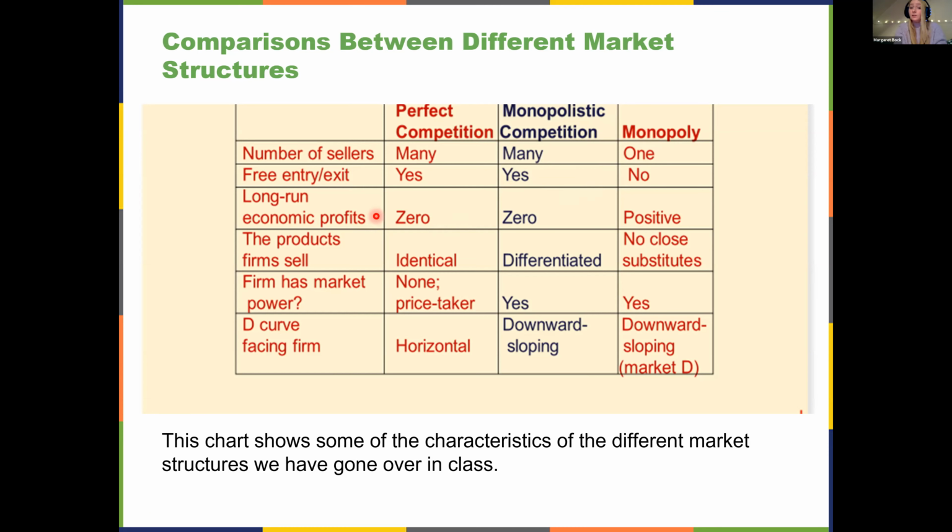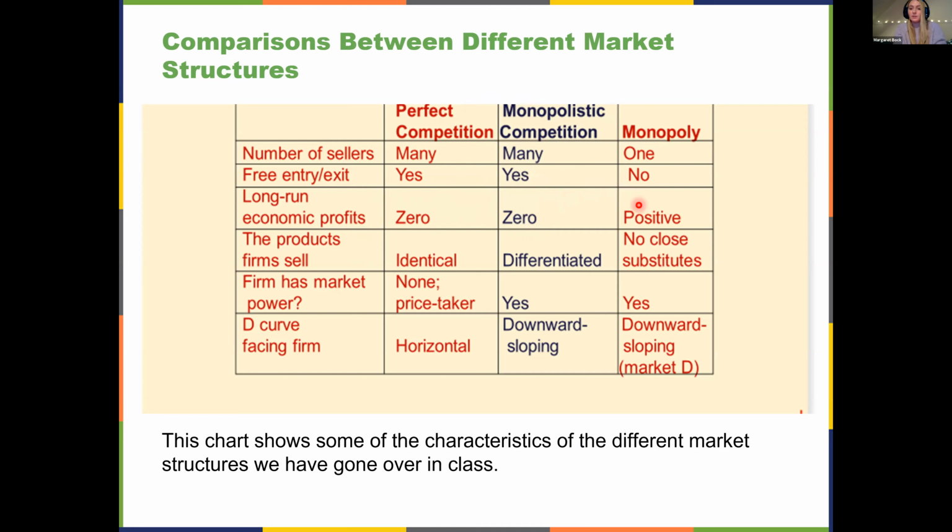Whenever we're talking about long run economic profits, again, perfect competition and monopolistic competition look very similar to one another. Firms in perfect competition and monopolistic competition both earn 0 long run economic profits. And we'll find out in the next video that, again, this is mainly driven by this free entry and exit of firms in this market.